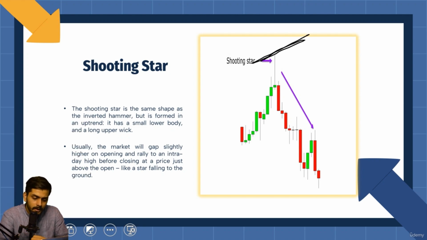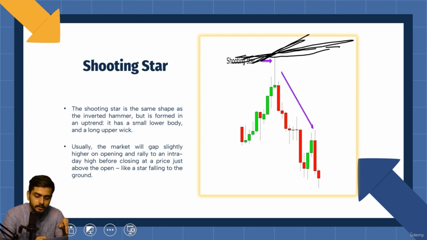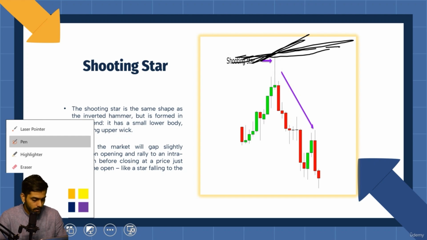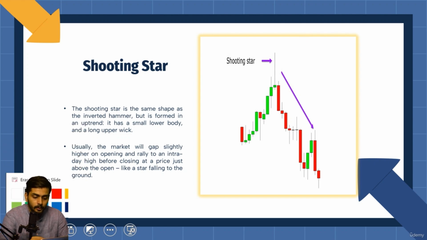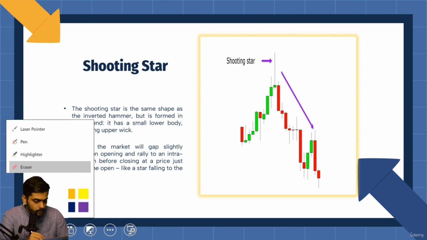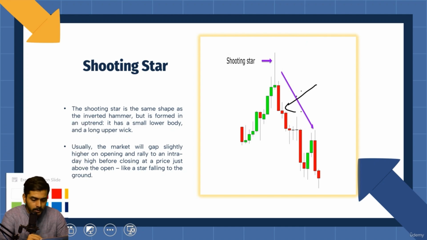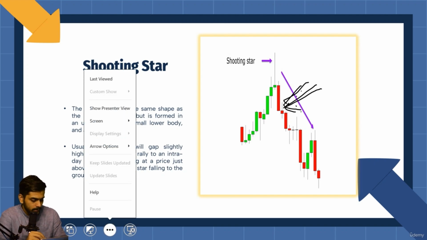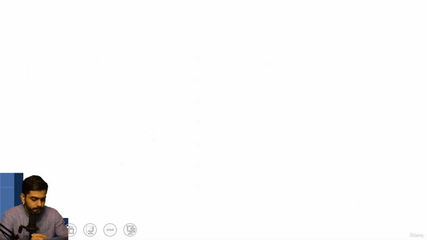So if we see something like this at the top, we'll know that there is a good amount of resistance at this point. Then after that you will get a red candle, that is your cue to enter and take a short trade. Taking you to the white screen to explain it a little more.